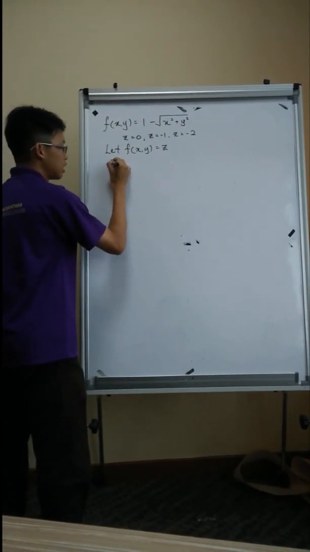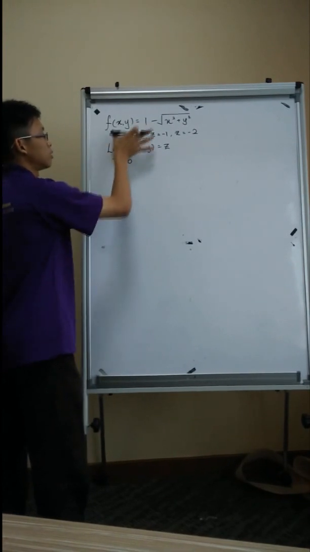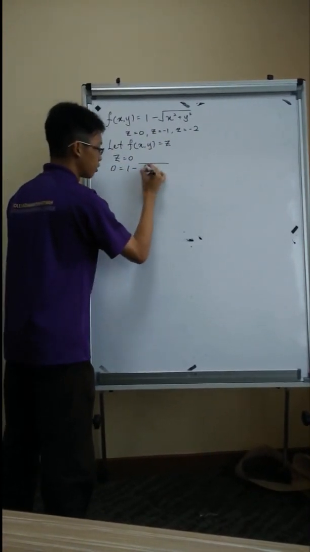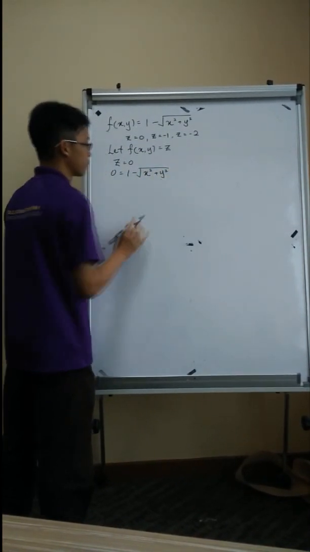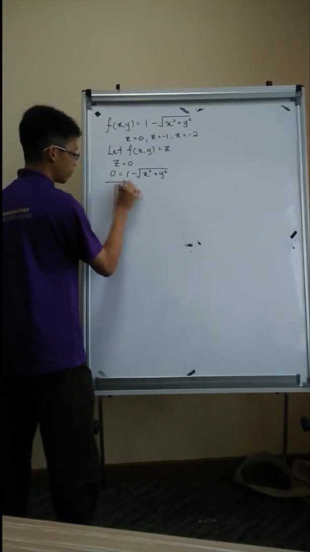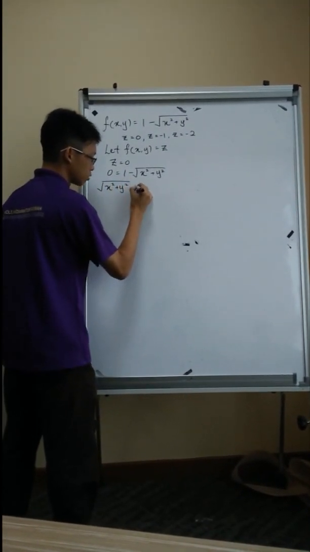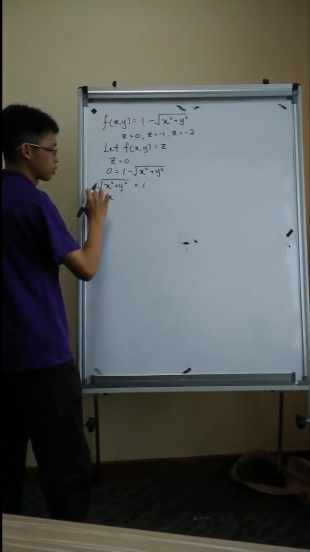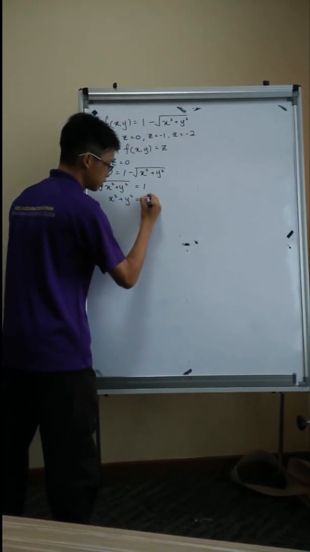When z equal to 0, we substitute this value into this function, we will get 0 equal to 1 minus the square root of x squared plus y squared. We rearrange it, x squared plus y squared equal to 1. To get rid of the square root, we will get x squared plus y squared equal to 1 squared.